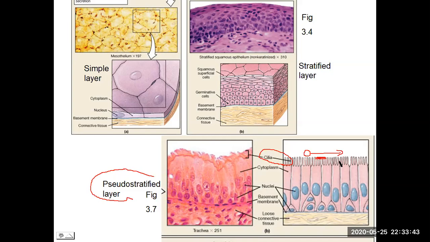So propelling material across the surface. And an example would be your trachea, your windpipe. The internal surface of our trachea has cilia, and if we inhale any material, something gets trapped in that area, and typically mucus as well, it'll sweep using the cilia to propel that material out of the airway.